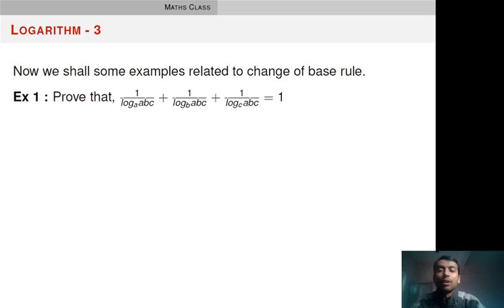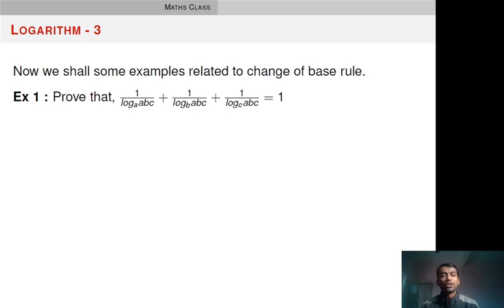Prove that 1 upon log abc base a plus 1 upon log abc base b plus 1 upon log abc base c is equal to 1. Now first of all, the question may arise: how would we know that in this particular example we have to use the change of base formula?